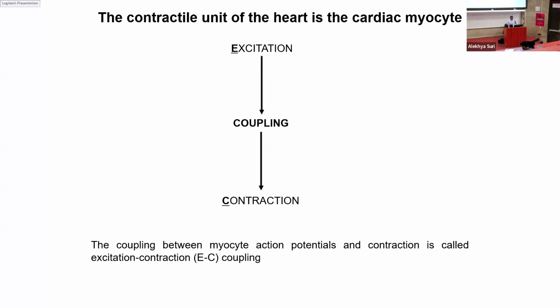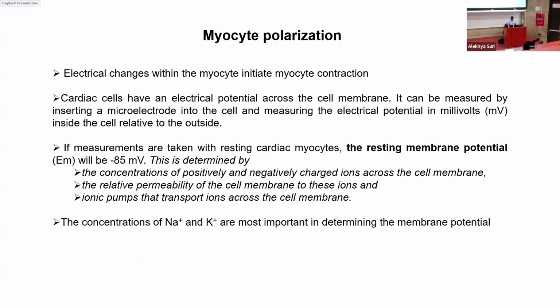So once the action potential, or the electrical signal, is activated, that will be converted to a physical contraction through several processes, and the whole process is called excitation contraction coupling. You're going to see the EC coupling, or the excitation contraction coupling, for the next few slides. So that indicates the conversion of an electrical signal to a mechanical stimulus.